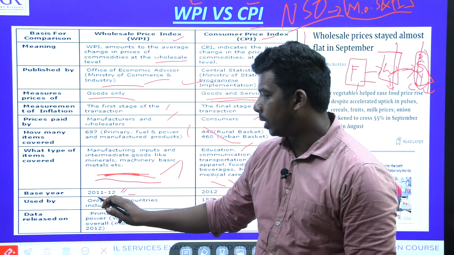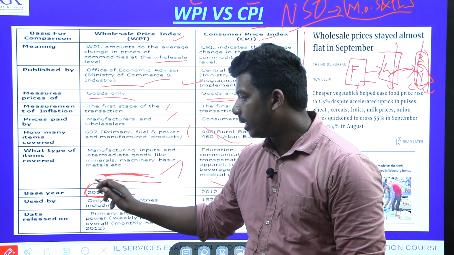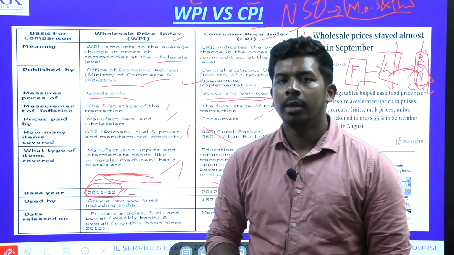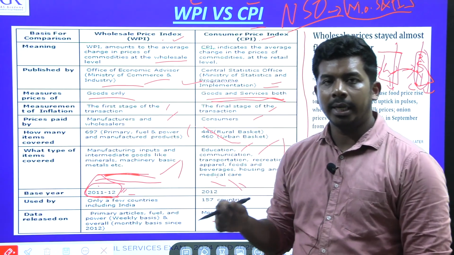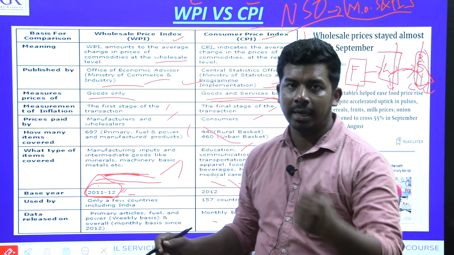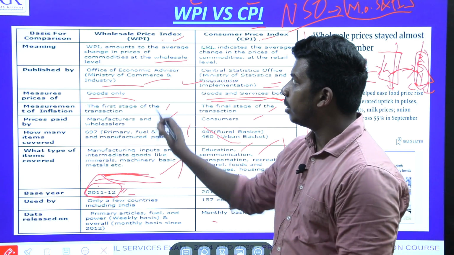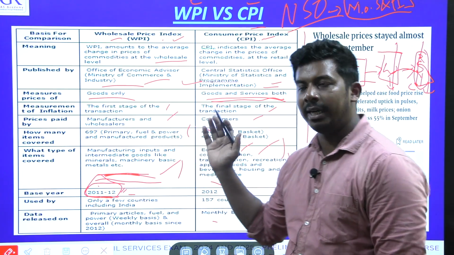We take rates of 2011-12 for WPI, a financial year. So let's say in 2011-12, a car was 3 lakhs, and in this financial year 2023-24, the car is 4 lakhs. So there is a net inflation in this financial year. So WPI has increased. There will be a base year for every index.